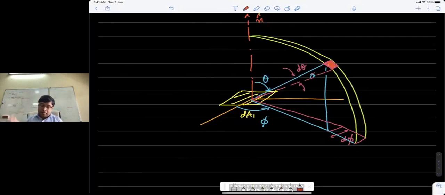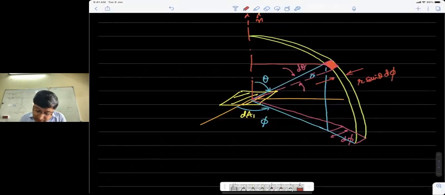in the three-dimensional spherical system. So this element that we're looking at actually has some very specific dimensions. For instance, this length of the slice is actually going to be r times sine theta d phi, because this length here, as I was saying, is actually r sine theta, because theta is being measured from that side.